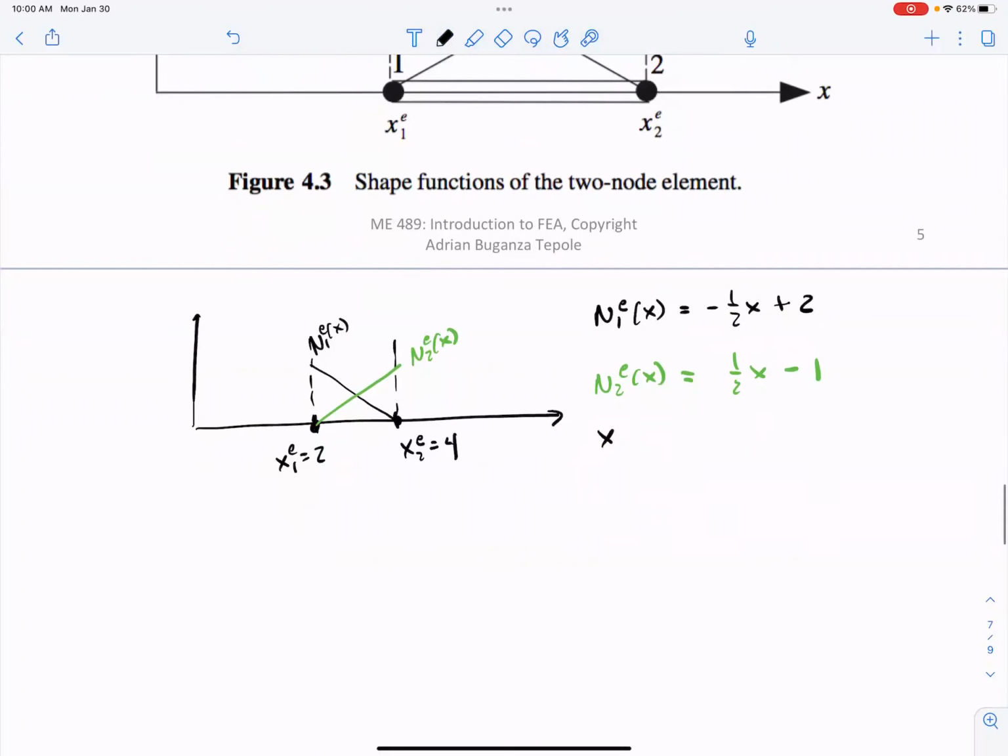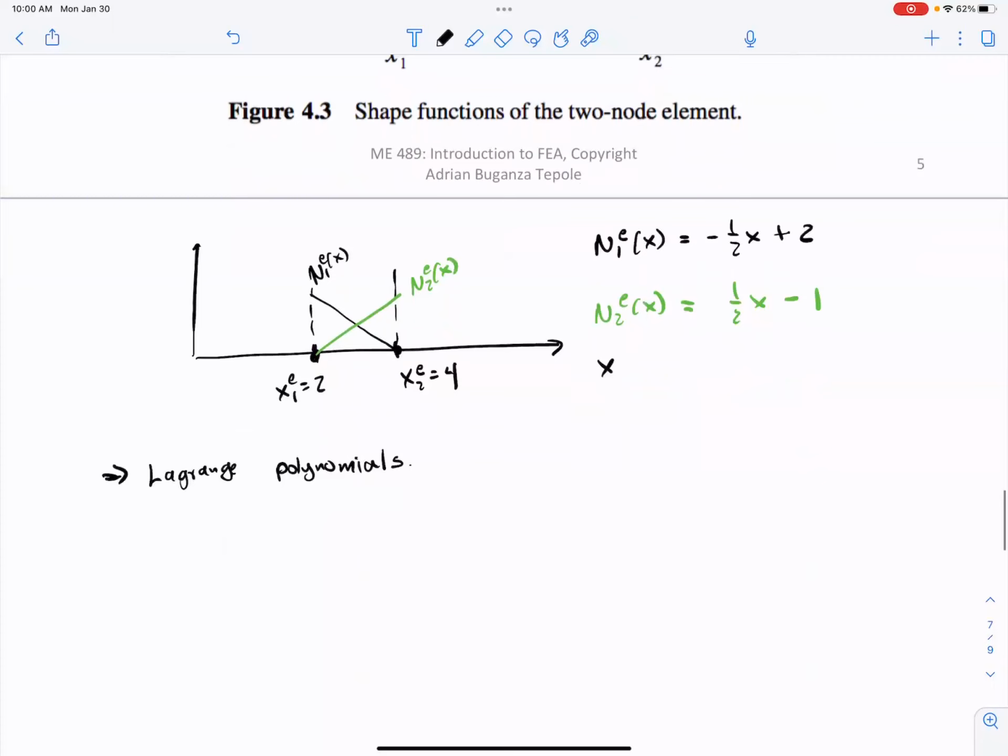So the way I'm going to tell you how to do it is called Lagrange polynomials. It's a recipe to do it. Basically, what we want is for this N1 function to be 0 at that point. So X minus X2.